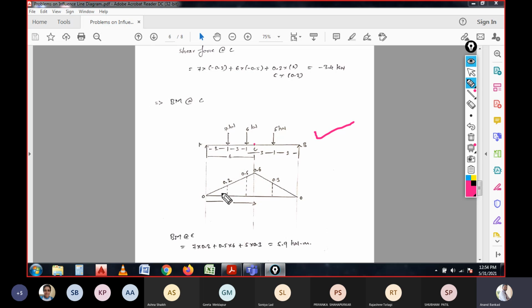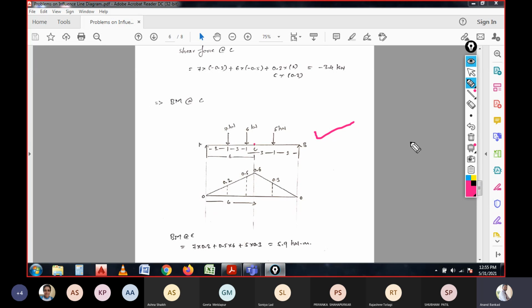So how is the bending moment calculated at this point? Again, taking the influence line for moment. So in this influence line for moment, how is it calculated? For 0.7, and that means the 0.2, which is the coefficient value calculated from the similar triangle, and again 0.5, like this.